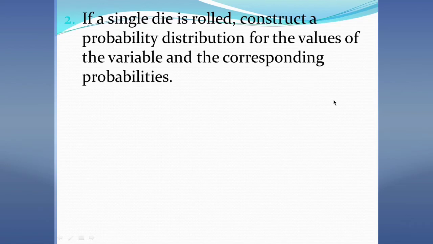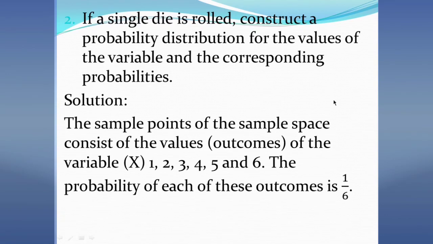The sample points of the sample space consist of the values or outcomes of the variable x, which are 1, 2, 3, 4, 5, and 6. The probability of each of these outcomes is 1/6.